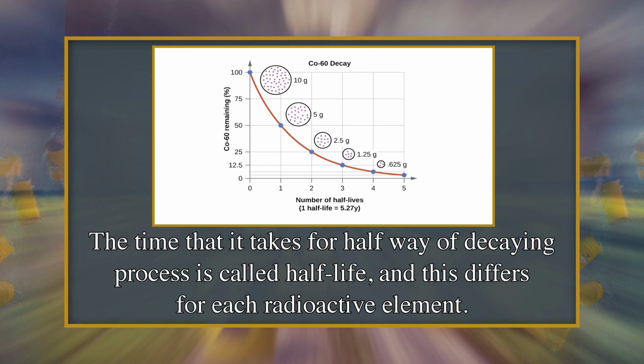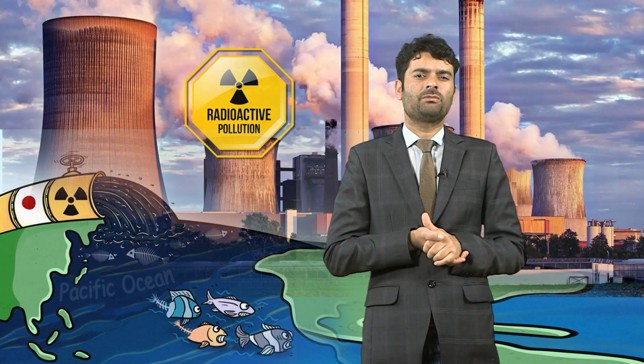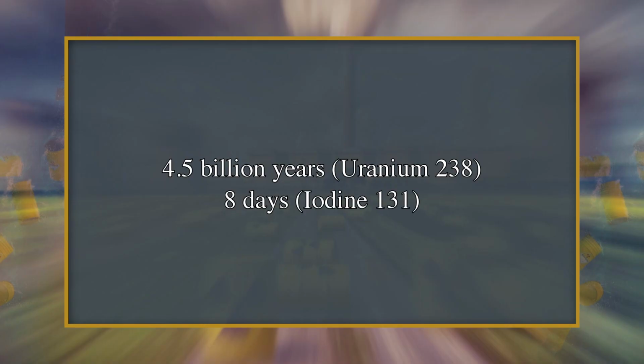The time that it takes for half of the decaying process is called half-life, and this differs for each radioactive element. It possibly takes up to 4.5 billion years for uranium-238 and as short as 8 days for iodine-131.